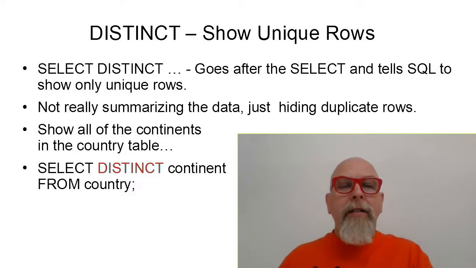It's not really summarizing data, but it's hiding the duplicate rows, and it comes in real handy when you're trying to minimize the data and come up with simple little reports.